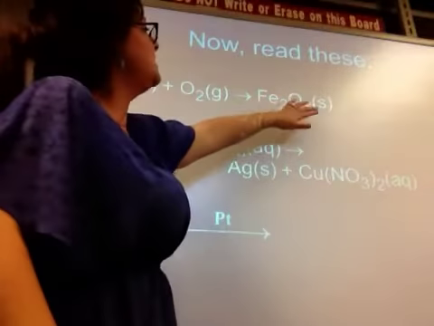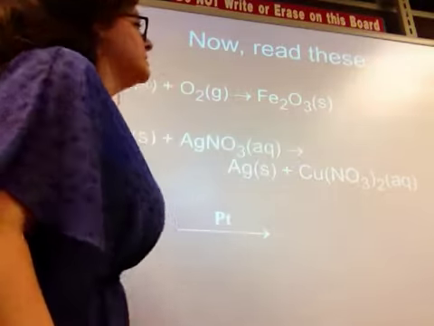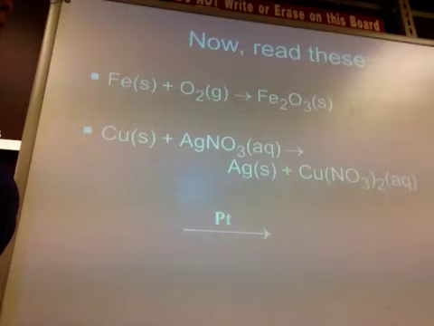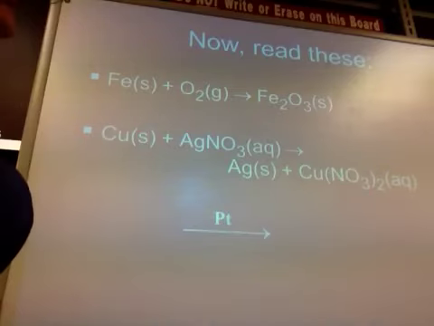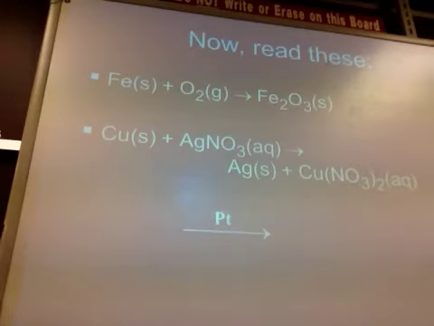And now I have this solid compound, Fe2O3. So how would I name that? I'd have to think, is this ionic or is it molecular? I see that I have a metal present, so that should automatically tell me that it is ionic. We have to be careful what type of metal that is. That is a transition metal. So what's special about transition metals?